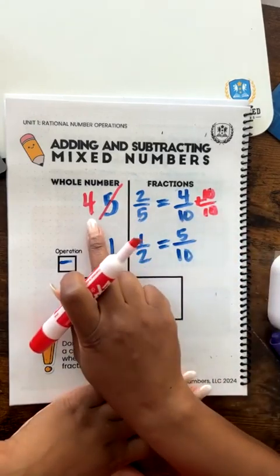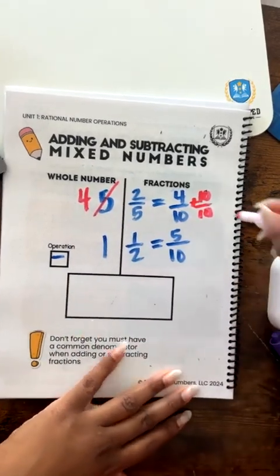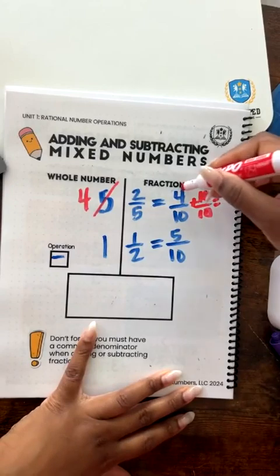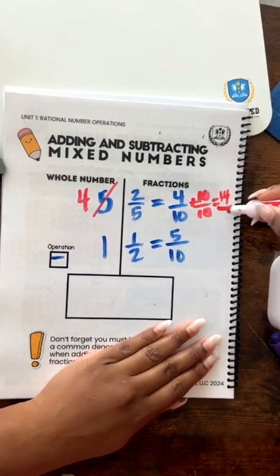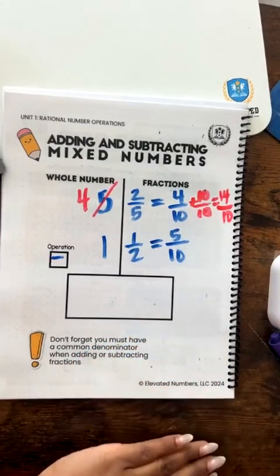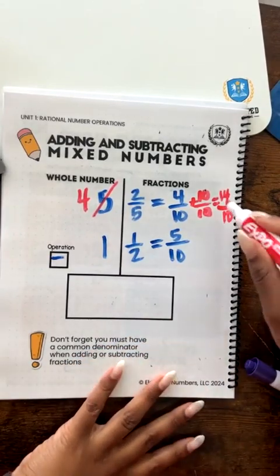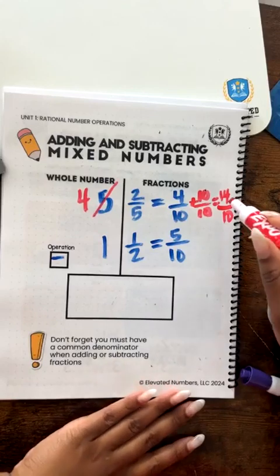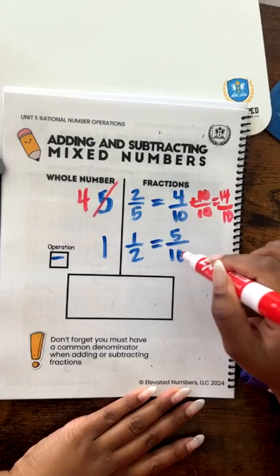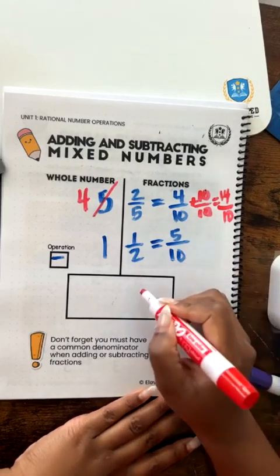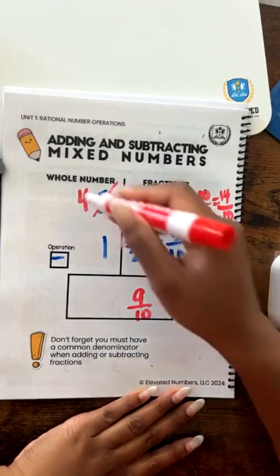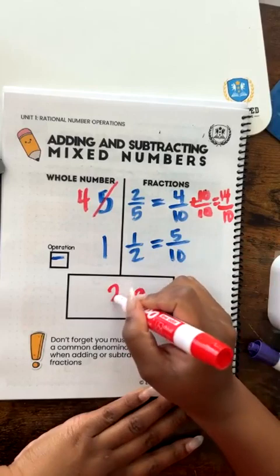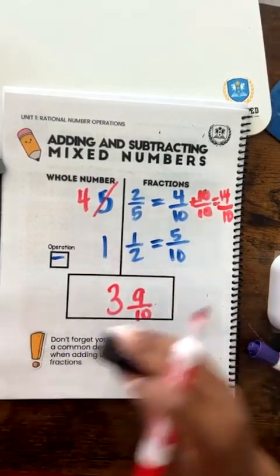Okay, so we borrowed one whole, it turns into 10/10. Now, what is 4/10 plus 10/10? That's 14/10. Now we can subtract because we have that bigger number here. So 14/10 minus 5/10 is going to give you 9/10. And then 4 minus 1 is 3. So your answer is 3 9/10.